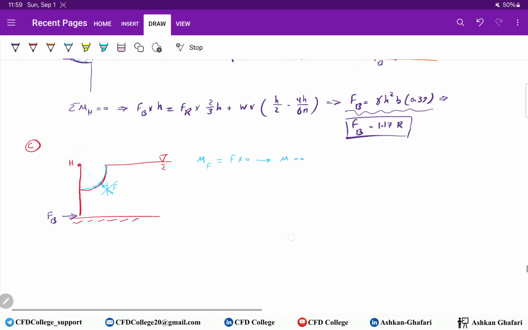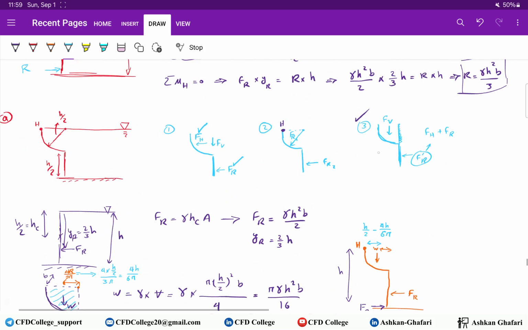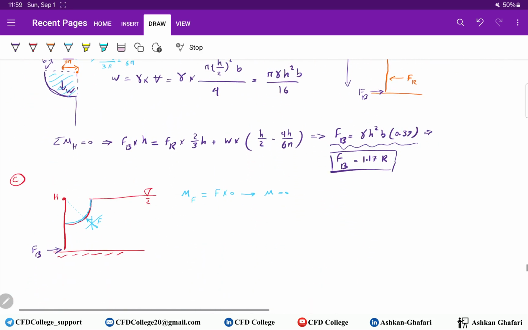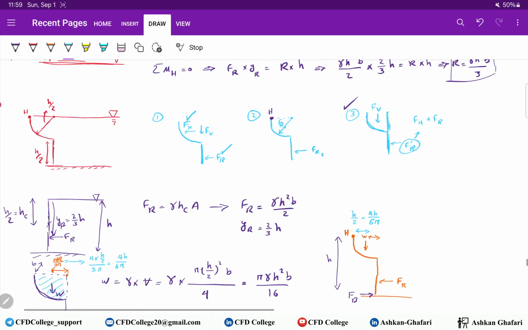And it's like what I mentioned here. We have different ways. Since we consider the force which passes through the circle center in this way, we are in this method. So we need to find the force acting on this part only. So this is the difference.